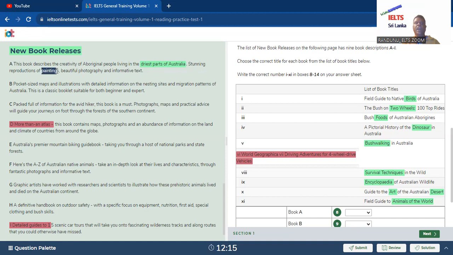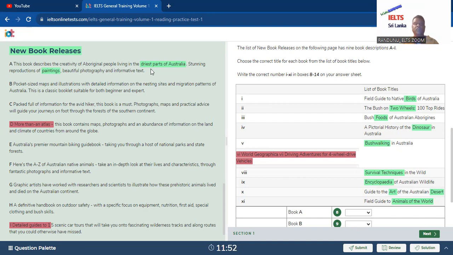It talks about paintings too, arts, paintings, right? So here it says guide to art of Australian desert. This is the main idea, and certainly this is how you found the answer, right? It talks about driest parts of Australia, which means deserts.